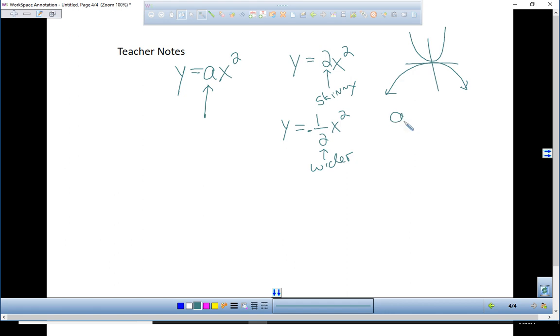So if the absolute value of a is less than 1, it gets wider. Okay, they call it a compression, but some people get confused by that. If the absolute value of a is greater than 1, it gets skinnier. You know that already.